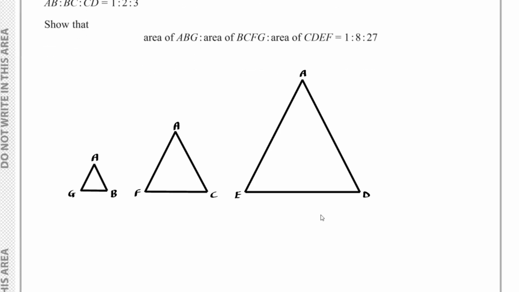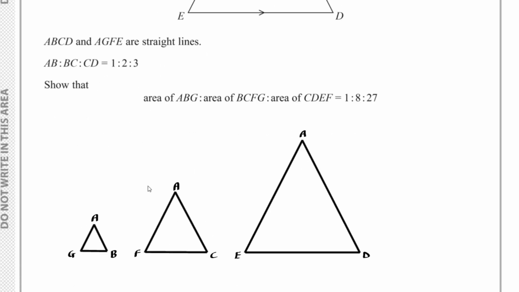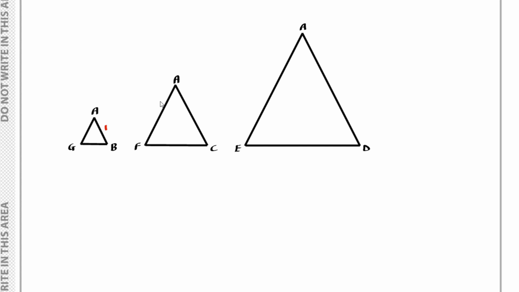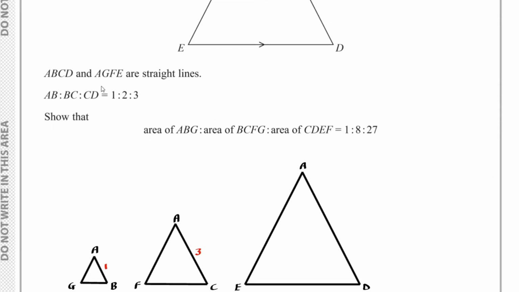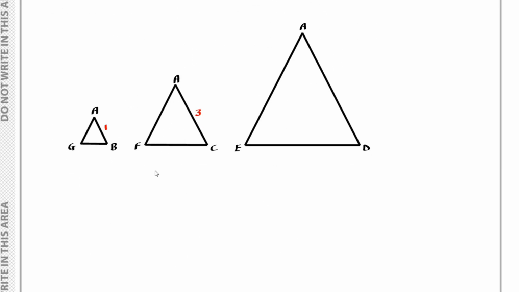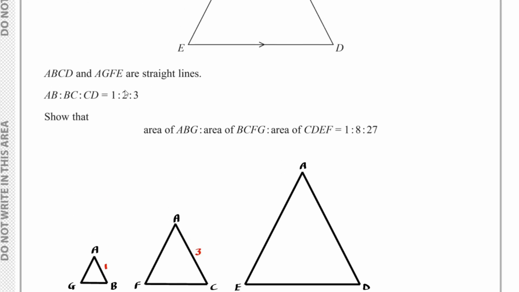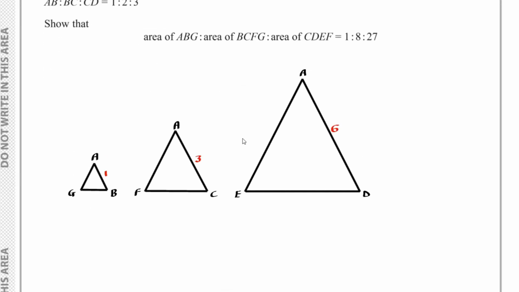So first of all, here are those individual triangles. Now if we've got this ratio of 1 to 2 to 3, if we've got AB being 1, then AC will be 2, and AD will be the 1 plus the 2 plus the 3, which is 6.